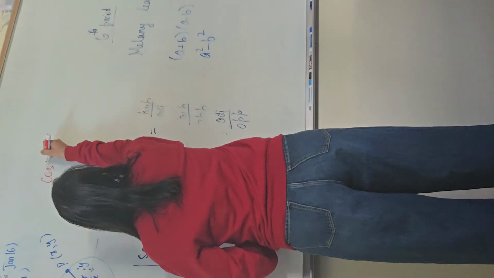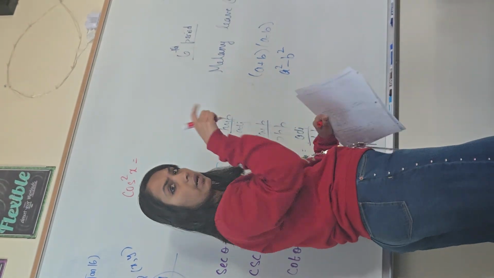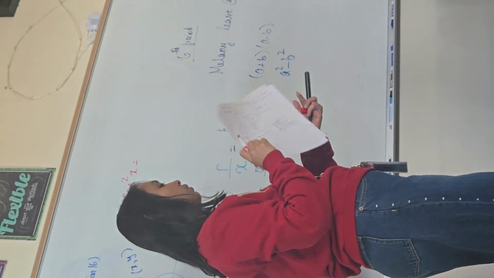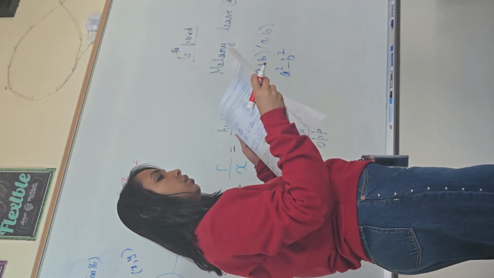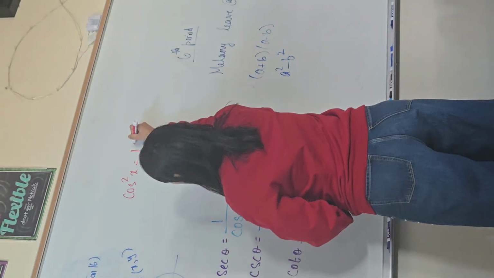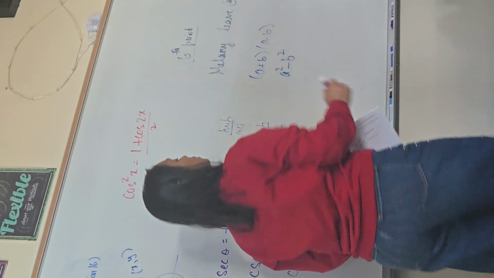What was cosine squared x? The doubling identity for cosine squared x. Go back and look. Cosine squared x equals 1 plus cosine 2x over 2.